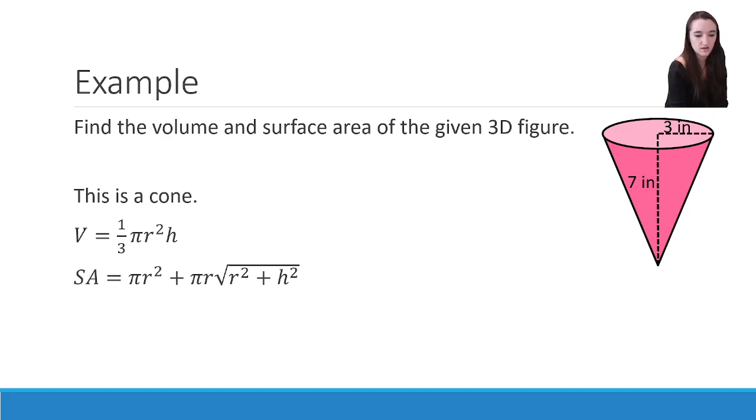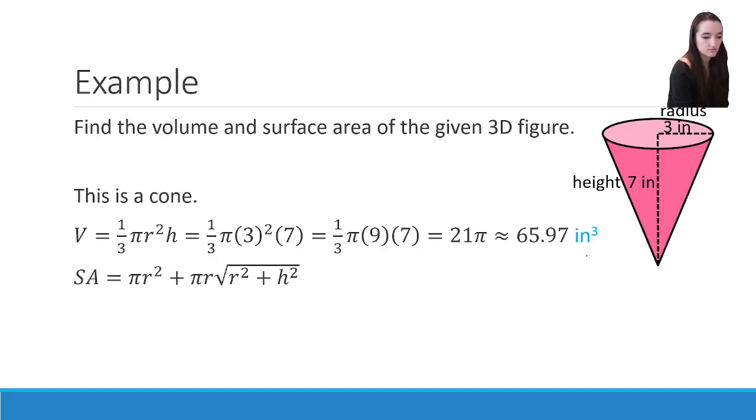So just like with the cylinder, the radius is half the length across the circle, half the diameter, and the height is just the distance from the circle down to the floor. That's the 7 inches. Then we plug that into our volume equation, 1/3 pi times 9 times 7. It's even the same numbers as before.